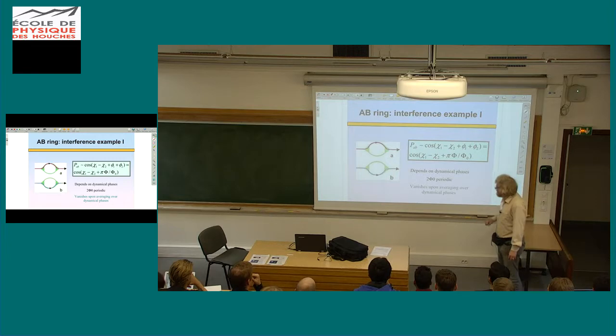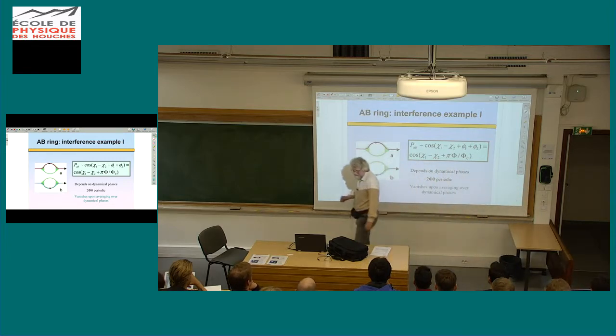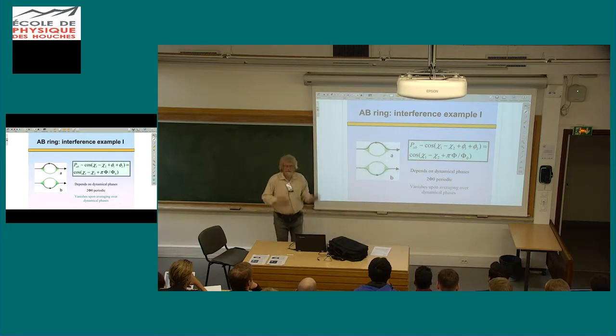Okay, that includes dynamical phase. And it has a certain period with respect to magnetic flux. One could say, well, it's simple. One could quickly conclude that the Aharonov-Bohm effect vanishes upon averaging over dynamical phase.